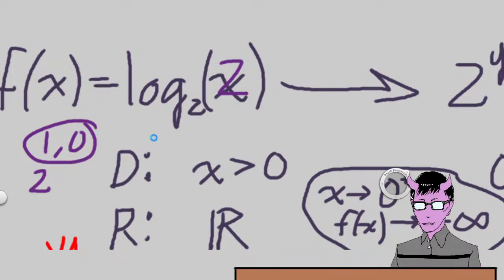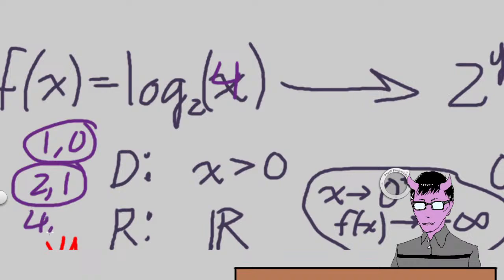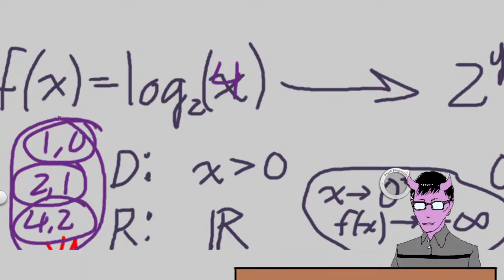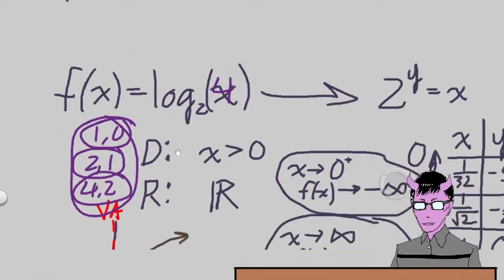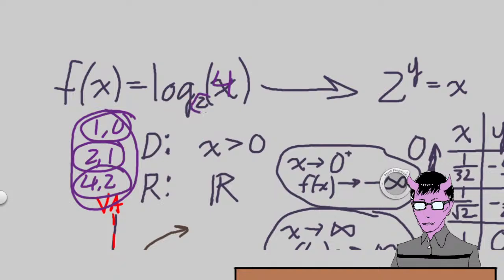Also a nice point. And 4 is also a nice one. So 2 to the power of what equals 4? 2 to the power of 2. So these are very easy to graph. Whatever the bottom number is, always pick the exponent versions of that number.